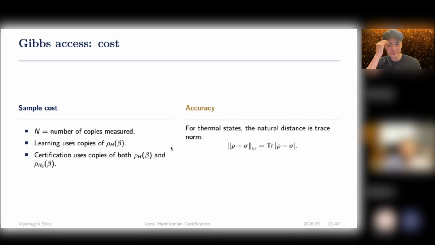And learning uses copies of rho H beta, which is the Gibbs state of the system, and certification in our work uses copies of both the original Gibbs state and the target Gibbs state. I'm going to explain it later. And for those Gibbs states, the distance measure that we use is the trace norm.